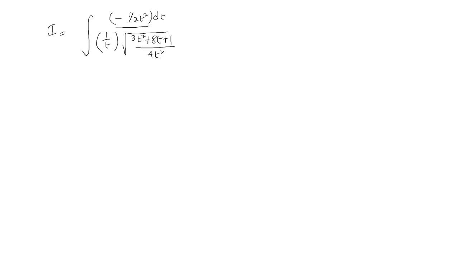Okay, now this will be minus integral. After simplifying it you get dt by square root of 3t square plus 8t plus 1, right?